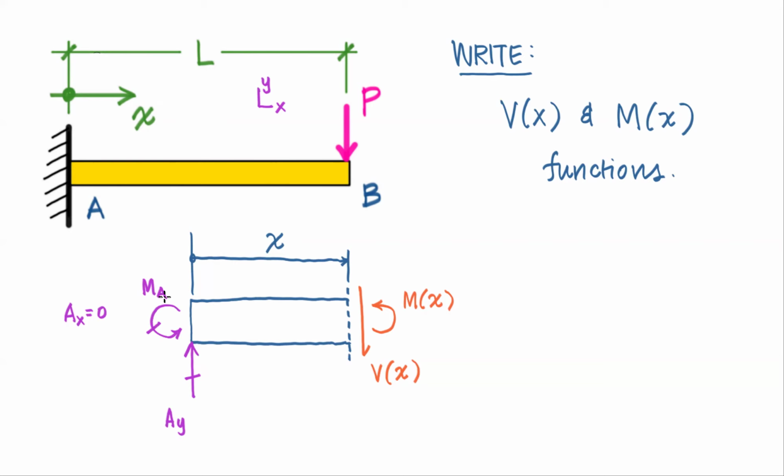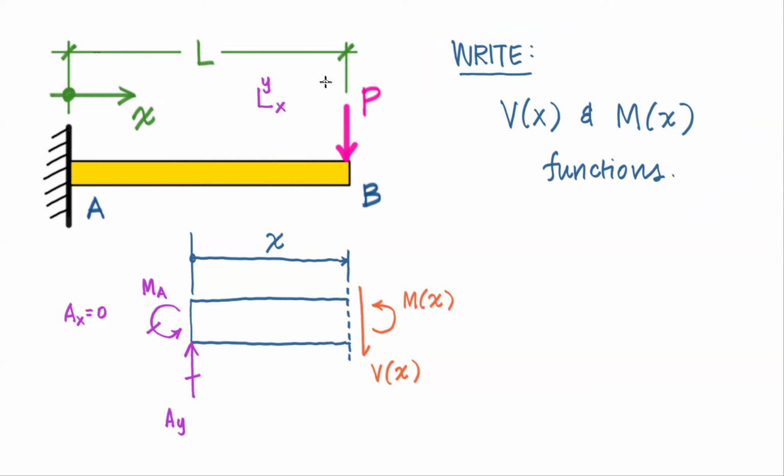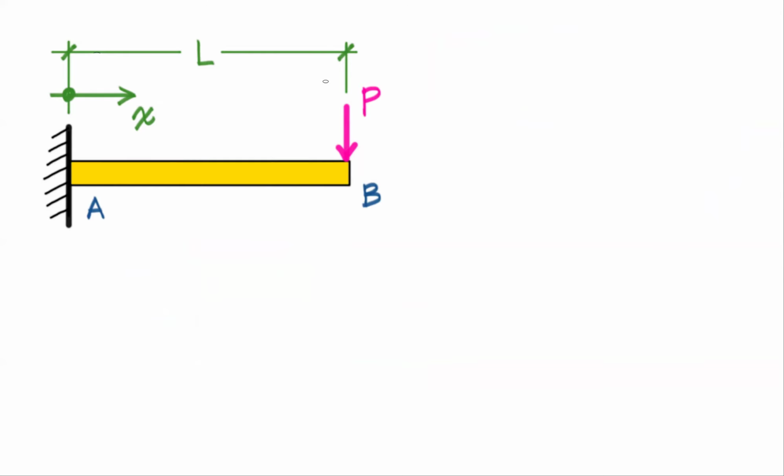Now, I cannot proceed with this prompt until I express the reactions in terms of the load. And so to get those reactions, I'm going to put this first free body on pause. And the free body I want is the entire beam from A to B. What's on the beam from A to B?